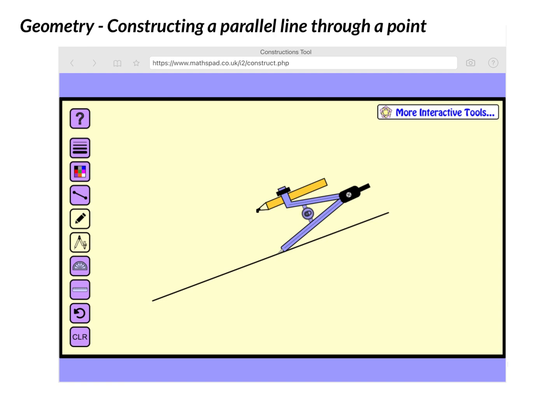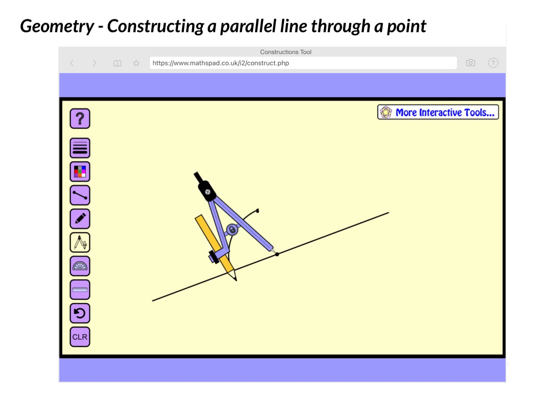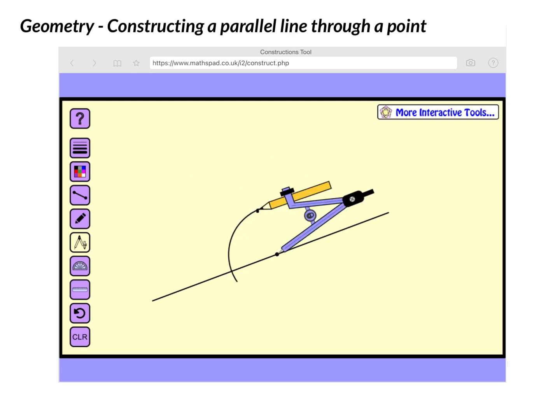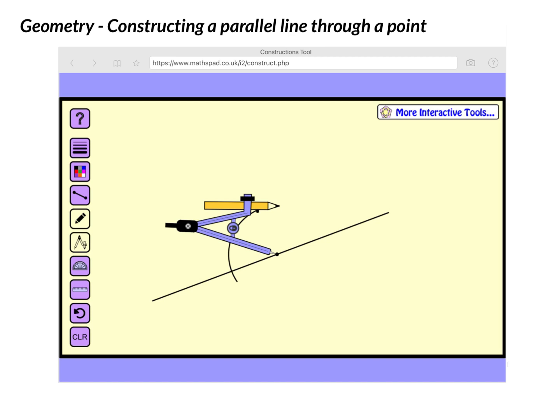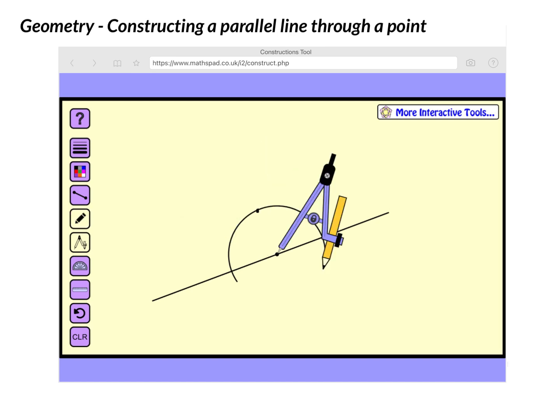Okay? And I'm going to draw an arc that intersects my line 2 times. Okay? So I've got kind of like a semicircle, a little over a semicircle, but I really just want to measure the distance from the point on my line to this arbitrary point that I want to create a parallel line through.